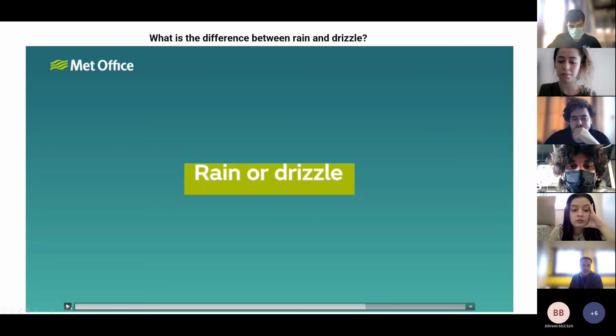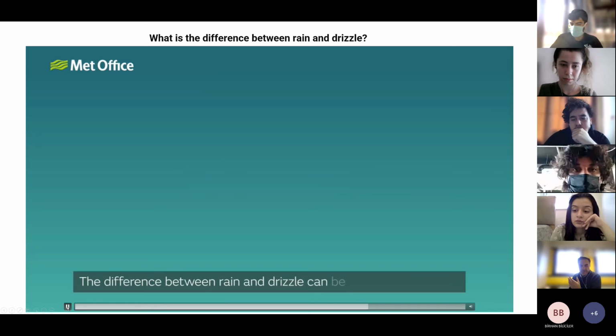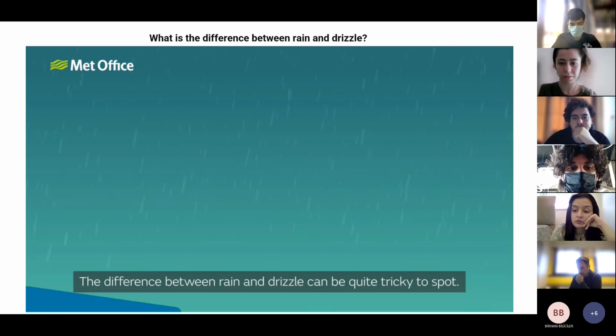Up to here, the main factor to distinguish between rain and drizzle was the size. But from now, you will see other ways that we can distinguish.